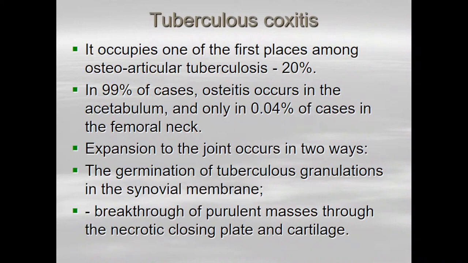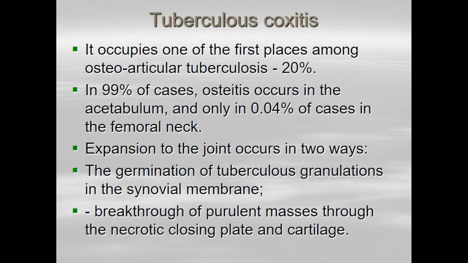Tuberculous coxitis occupies one of the first places among osteoarticular tuberculosis, 20%. In 99% of all cases, osteitis occurs in the acetabulum, and only in 0.04% of cases in the femoral neck.